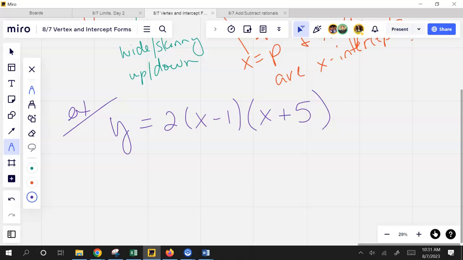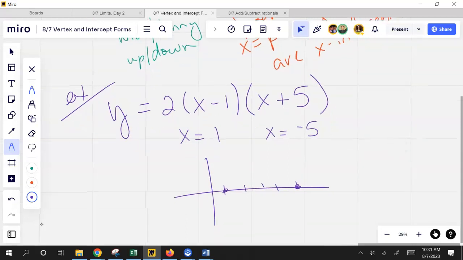All right, now I also know that my x-intercepts, which means where it's crossing the x-axis, are what? +1 and -5. That means no matter what else this graph is doing, at 1 and 5 and opening up, right, it's doing this. I don't know the vertex yet. I'm going to show you how to find that in just a second. But that is what I know.